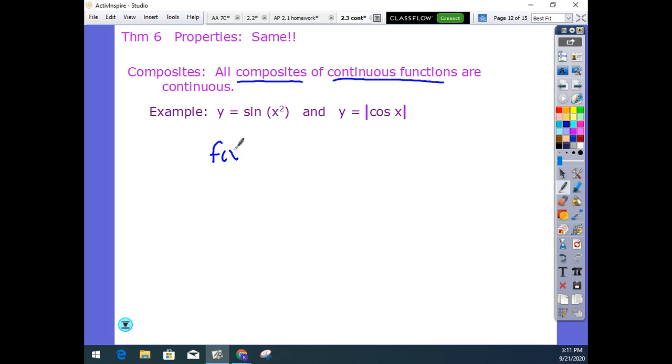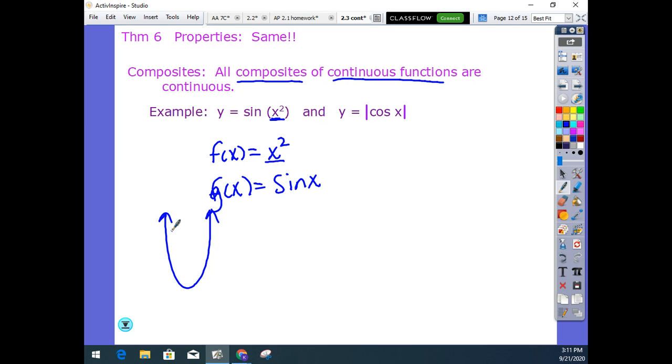say that f of x equals x squared, and g of x equals sine of x. Let me make it real simple: continuous means that you can just draw the graph without picking up your pencil. x squared is continuous everywhere.